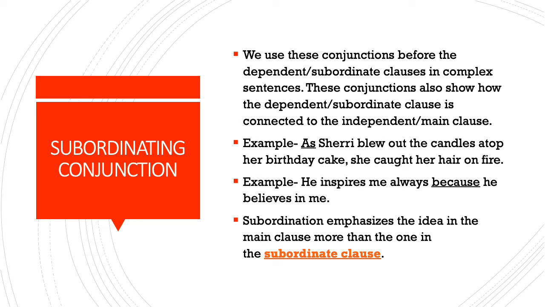So, subordination emphasizes the idea in the main clause more than the one in the subordinate clause. Obviously, main clause means independent clause, which is more important and complete in meaning than the subordinate clause or the dependent clause, which is incomplete in meaning.